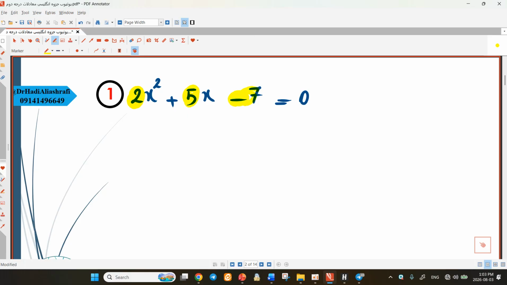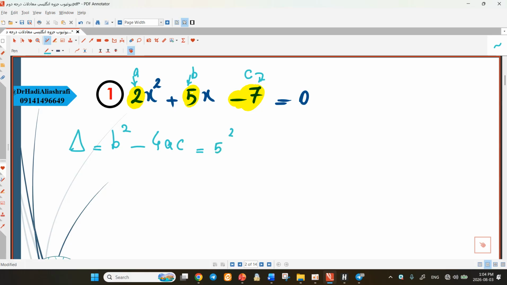And c, pay attention, not 7, but -7. Pay attention, the variable c is -7. Okay? And this is b, and this is a. We write the formula of the discriminant: b squared minus 4ac.